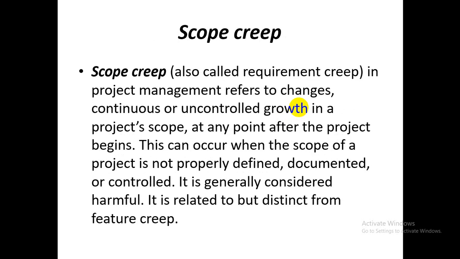The scope creep, you can also call it requirement creep, as we talked about up there. It refers to the changes, continuous or uncontrolled growth in a project's scope at any point after the project begins.